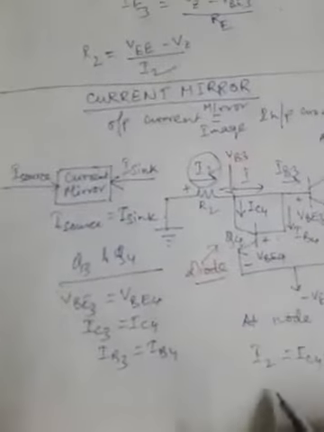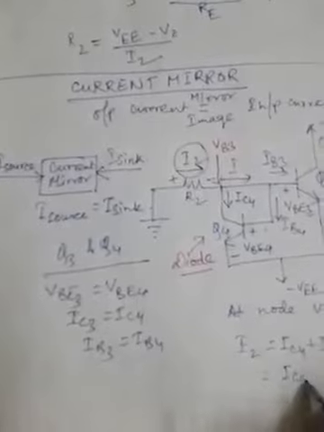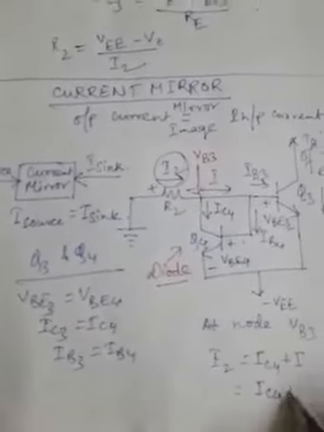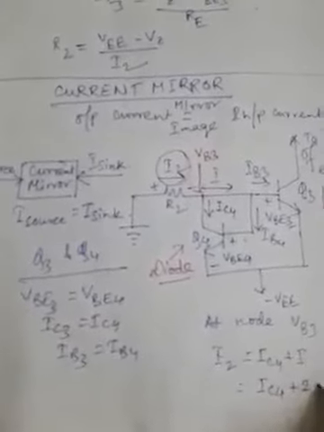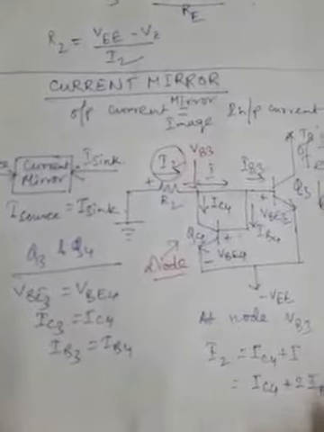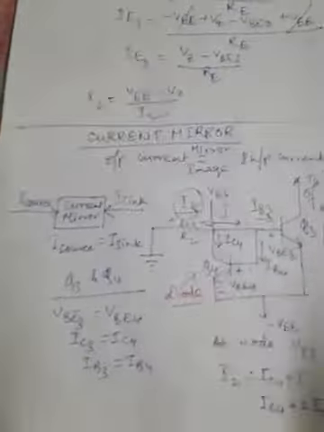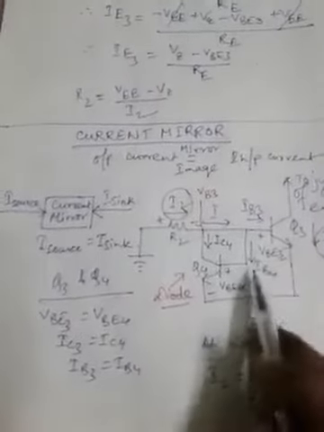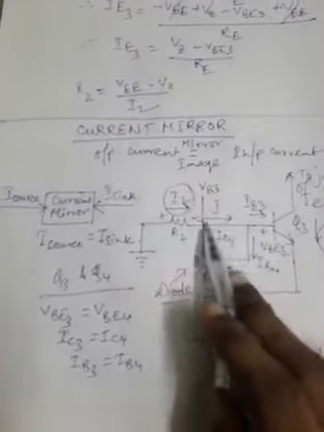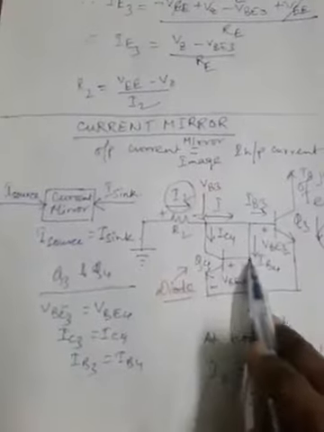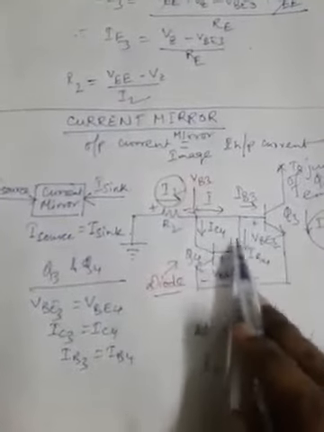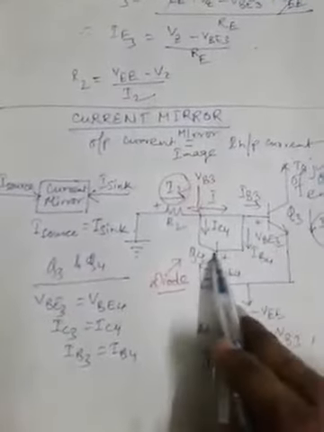So this can be written as IC4 plus 2IB4, because this I is nothing but 2 times IB4, as this I is distributed as IB3 in this direction and IB4 in this direction.